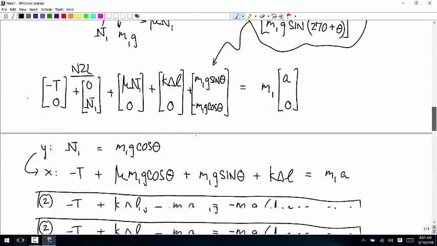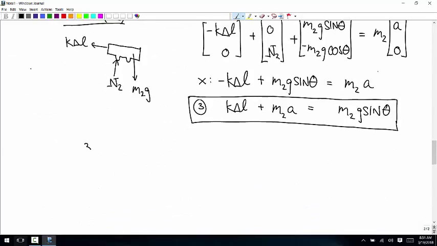All right. Well, so now we have three equations for three variables. Those variables are T, a, and delta L. And obviously then it's a sort of painful algebra process to come up with those, but it's not hard, it's just tedious.